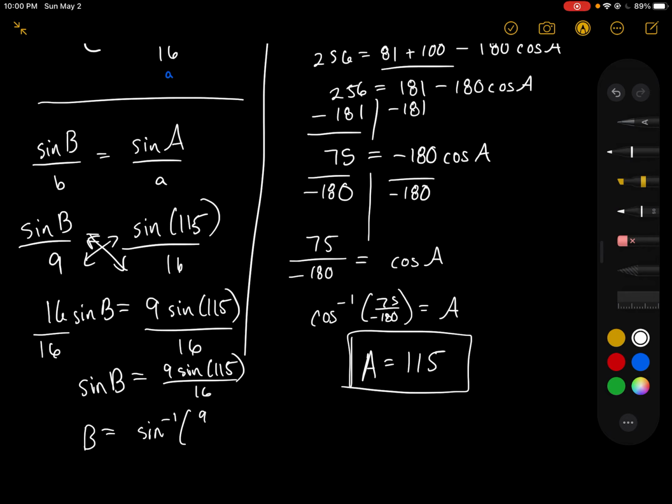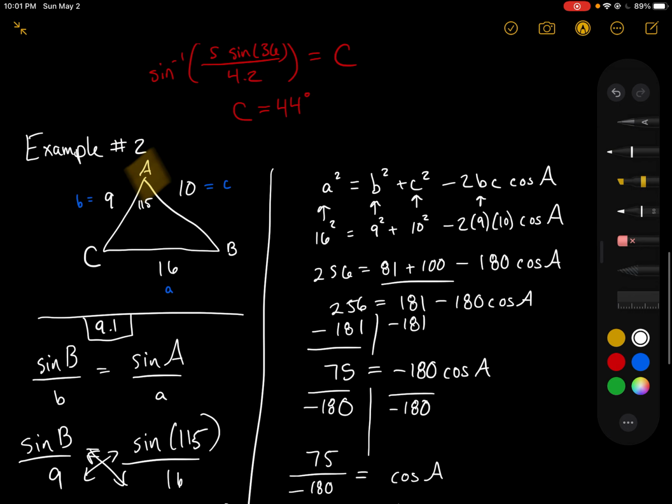So we'll get the sine of B equals 9 times the sine of 115 over 16. Use our inverse sine function again to get B equals inverse sine of 9 times the sine of 115 over 16. And then finally take that, punch it all into your calculator, and get an answer of B equals 31.